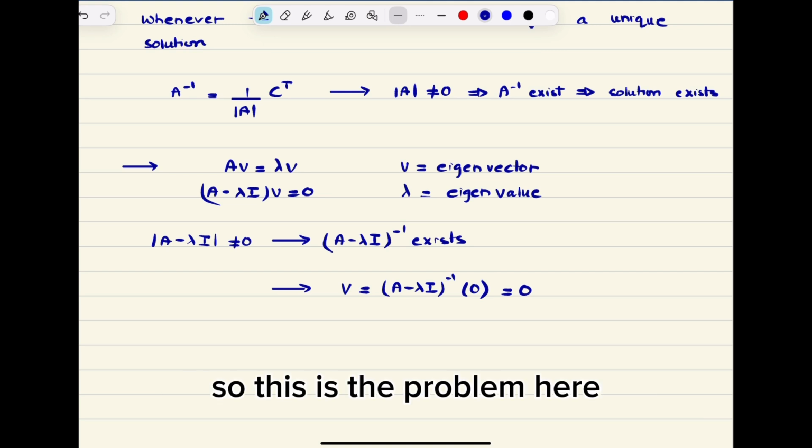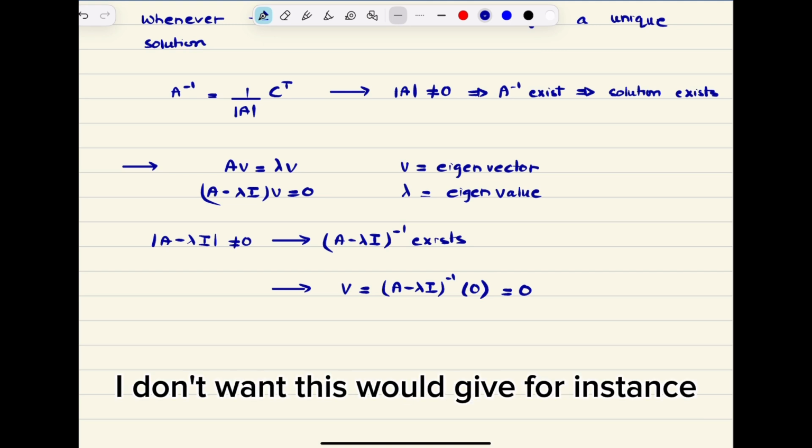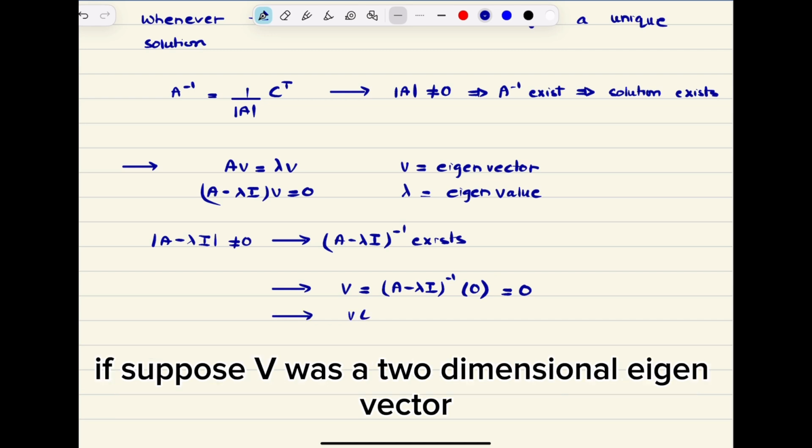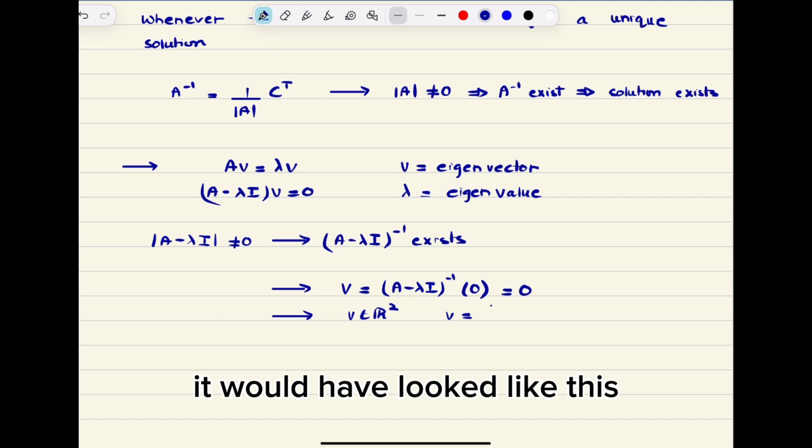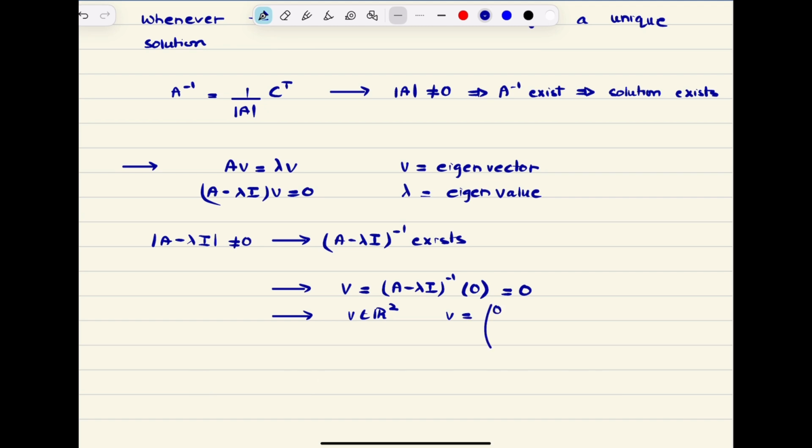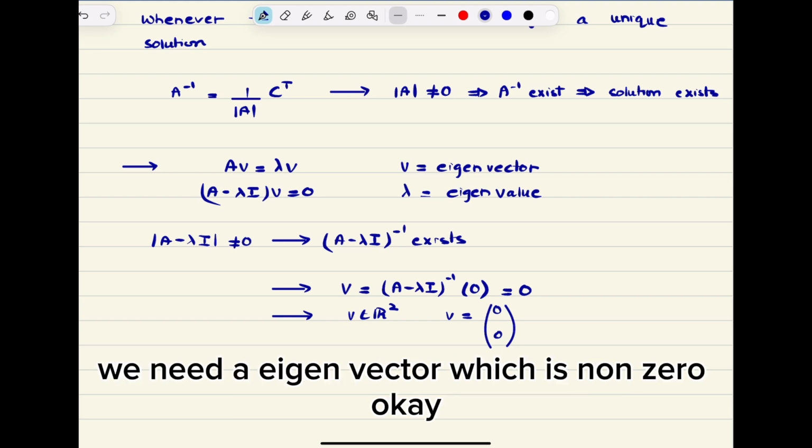So this is the problem here. If, for instance, v was a two-dimensional eigenvector, it would have looked like this. This is not what we want. We need an eigenvector which is non-zero.